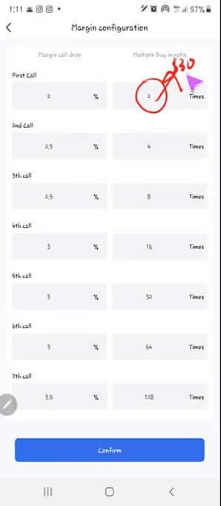Is it not $30? Now it means you want this robot to purchase a coin of $60 for you if it drops by 2%. Okay, now if you leave it at 4, it means from this point, if it further drops to 2.5%, you are telling the robot to buy you a coin of 4 times 30, which is your initial trading capital. But you can't do this.